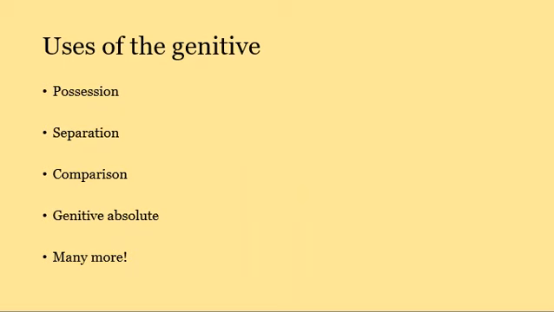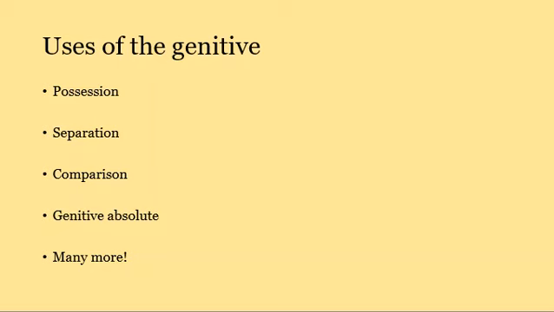And basically what I want you to get out of this slide is that there are a bunch of uses for the genitive. So the nominative pretty much has the one use. It's just going to be the subject of a verb. But the genitive, it can do oh so many things.